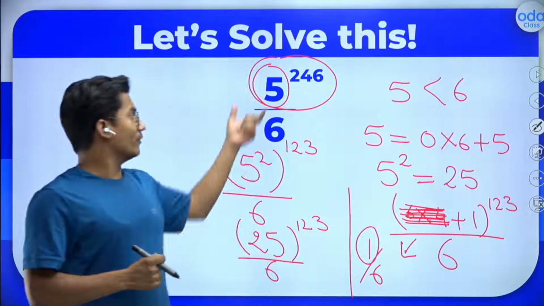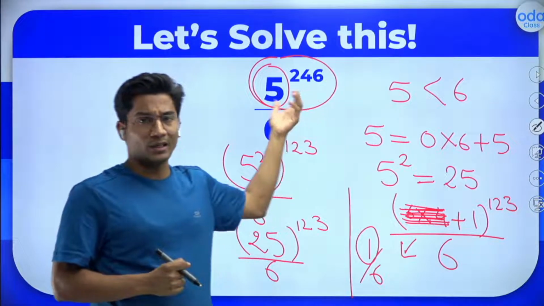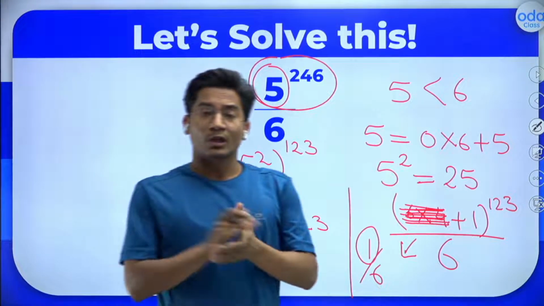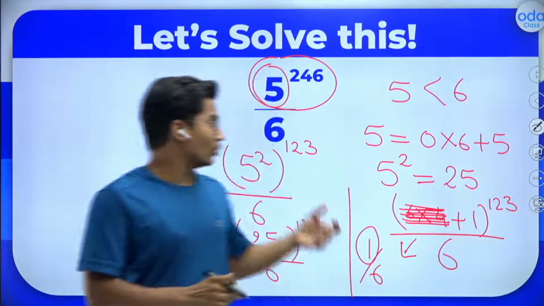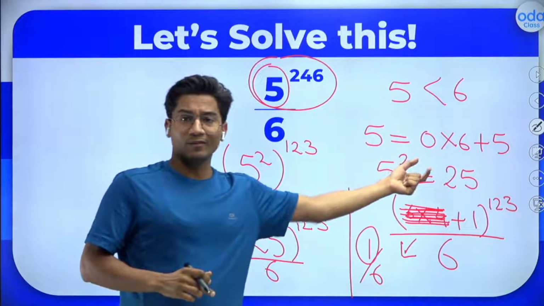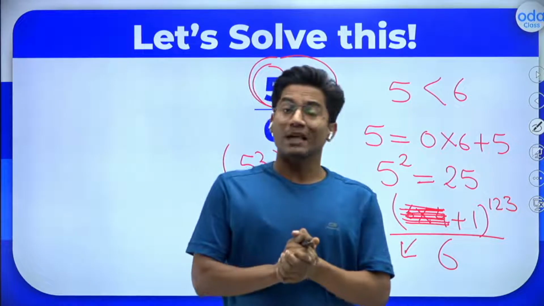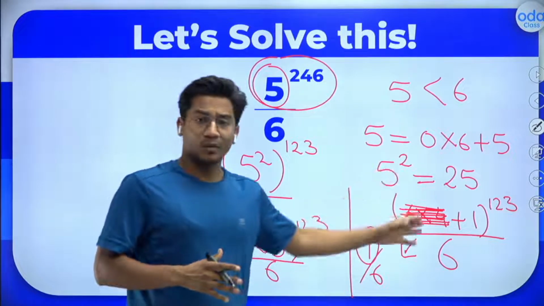For example, I could have taken the power of 5 as 4, 3, 2, 1, any power. But I need to take that exponent after which, if I divide the numerator, the remainder will always be 1. So I took power 2, so it became 25. Divided by 6, the remainder became 1. That's how easily we can solve all these types of questions.